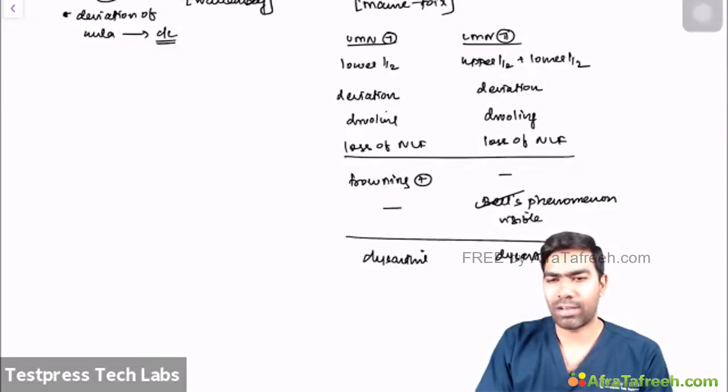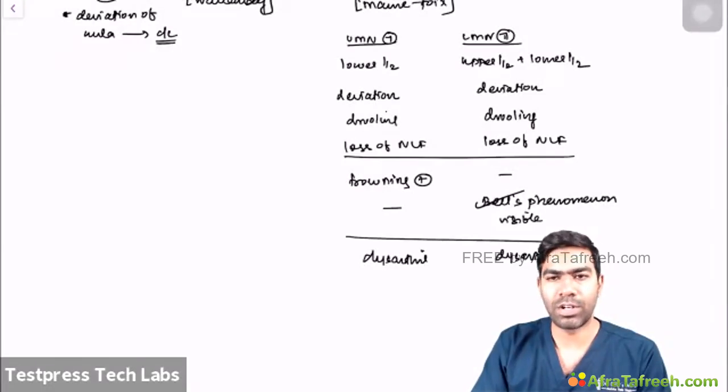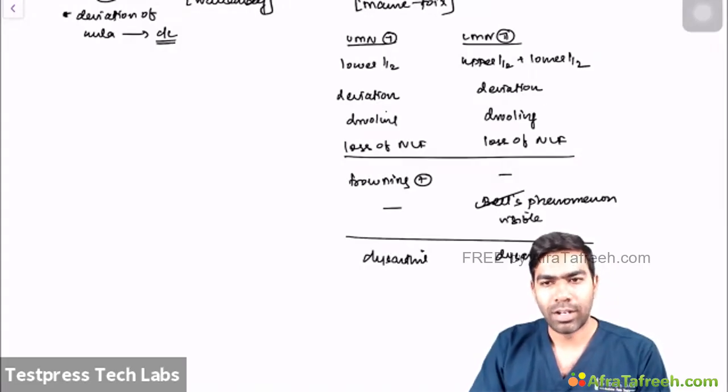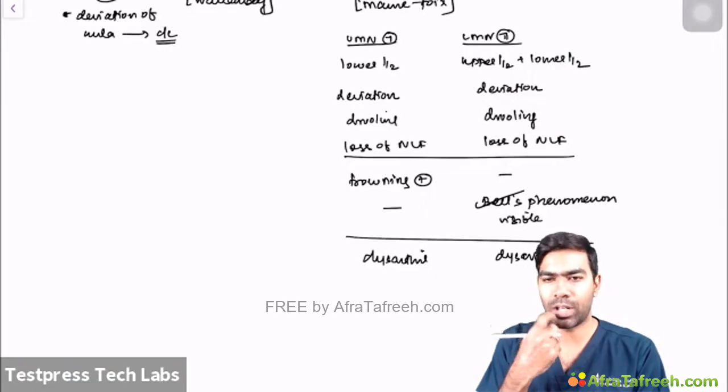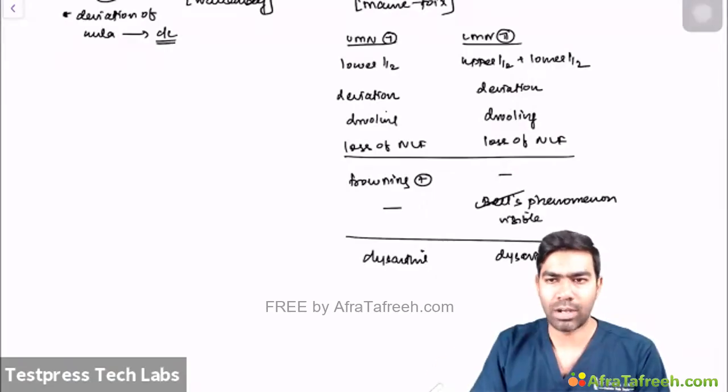If you have weakness of the facial nerve, you will not be able to pronounce the letter P. For example, if you want to say pickup, these patients cannot say pickup, they will say fickup, because their orbicularis oris and buccinator muscles will be weak. That's why whistling will be defective. So dysarthria will be there, and whistling will be defective.